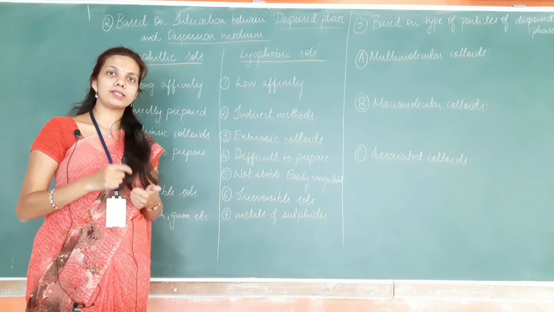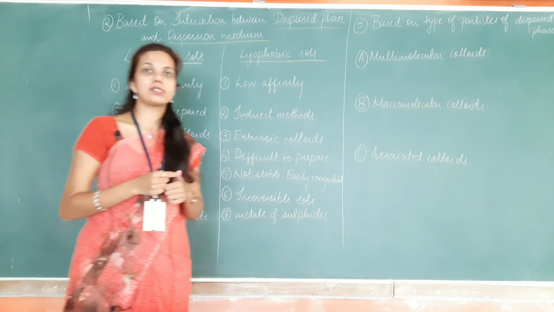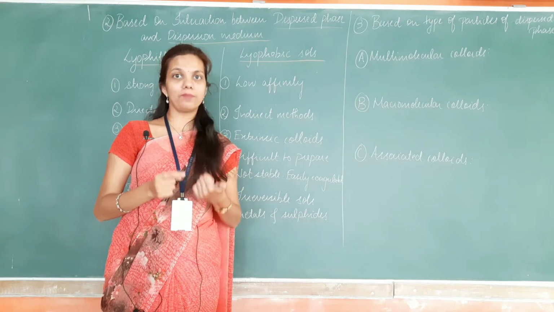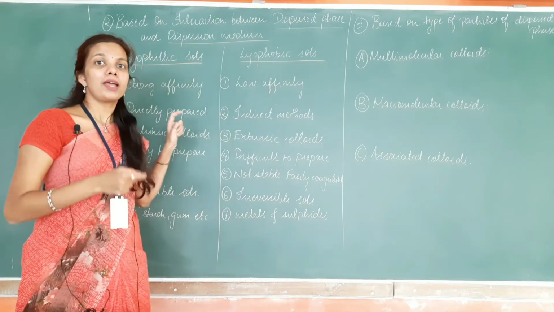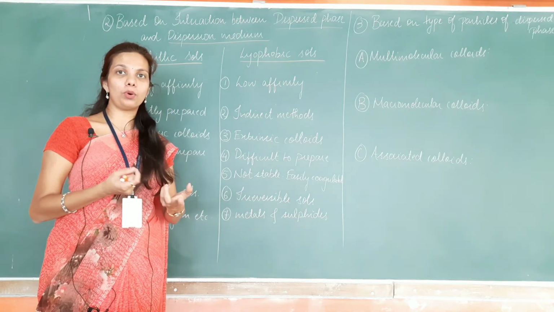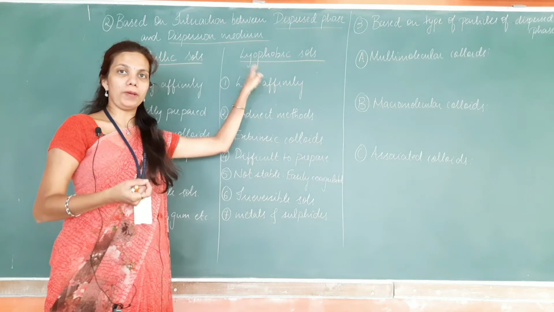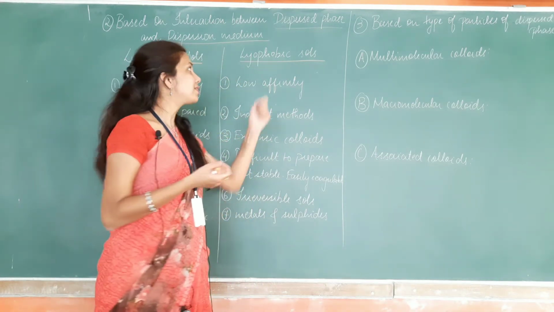But before that, let us try to understand what is a lyophilic sol and what is a lyophobic sol. Lyo means liquid and philic means loving. So a lyophilic sol is one which has love towards the liquid or the solvent, whereas lyophobic, lyo means again liquid or solvent and phobic means hating.